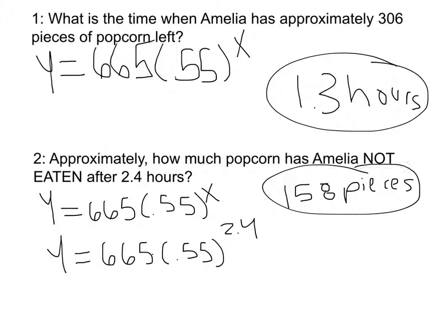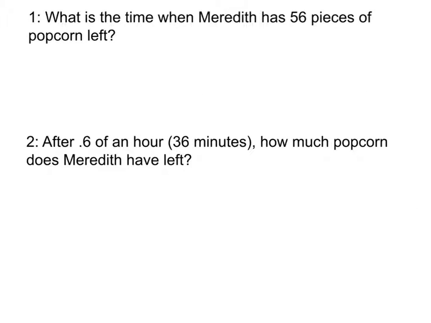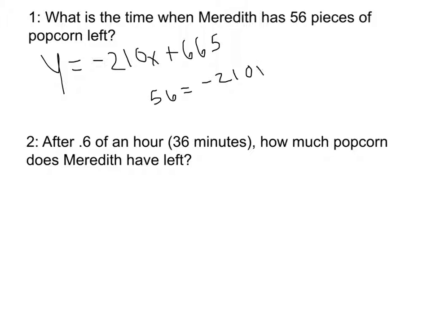Number 1, what is the time when Meredith has 56 pieces of popcorn left? So I'm going to write the equation, but I'm going to change it so x is equal to every hour instead of every 30 minutes to make it easier. So you'd plug in 56 for y, so 56 equals negative 210x plus 665.